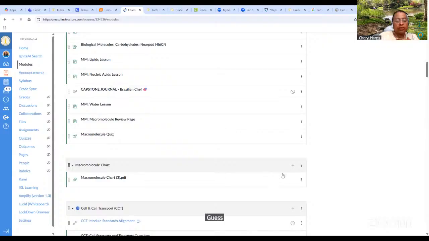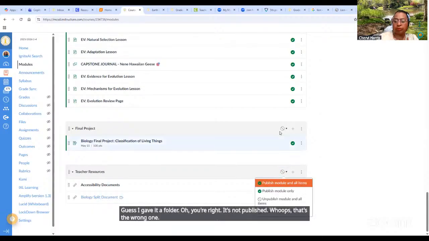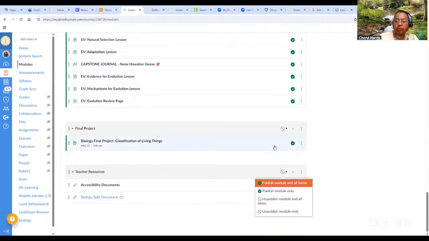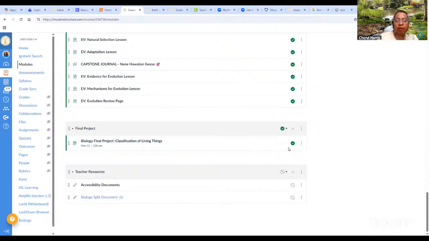Yes, I gave it a folder. Oh, you're right, it's not published. Whoops, that's the wrong one. There we go. Publish. Okay, the assignment was published, but the module was not. All right, so you should be able to get to it now.